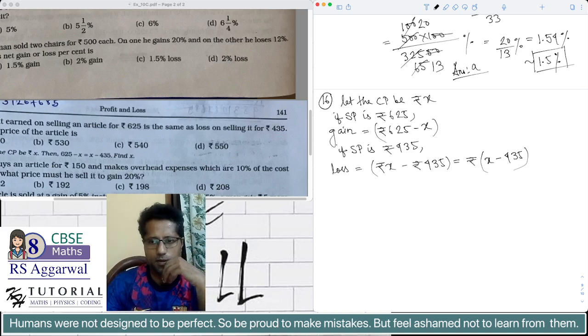And over here the gain will be rupees 625 minus rupees X.